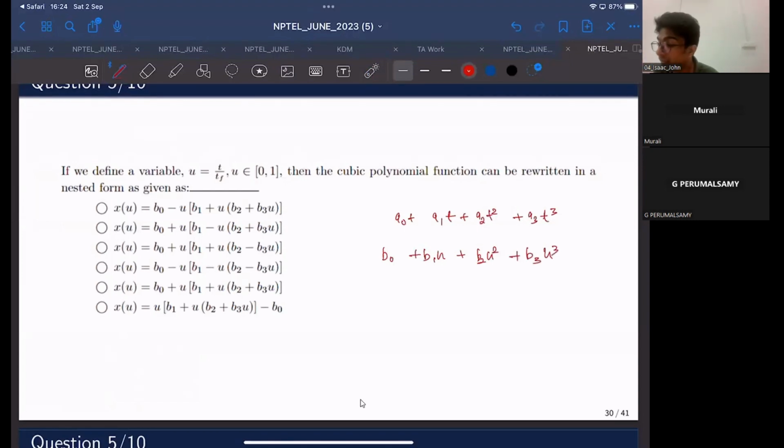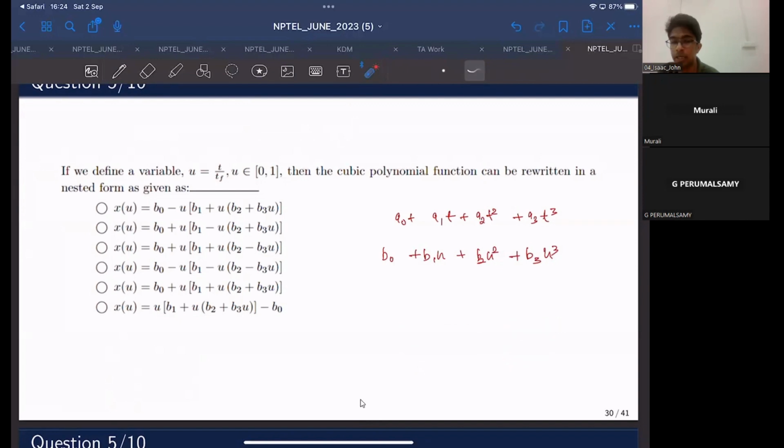And the reason that we are doing this is that we are basically scaling the time from 0 all the way to tf to 0 to 1. And why are we doing this? If you can recall, if you solve the equation of the cubic polynomial, some of the coefficients a0, a1, a2, a3 have denominators like tf cube or tf square.